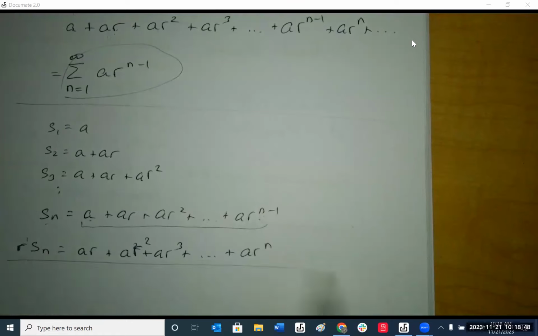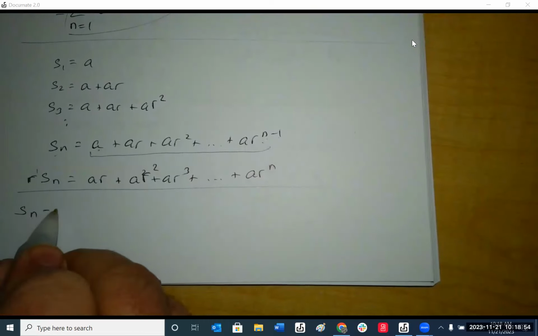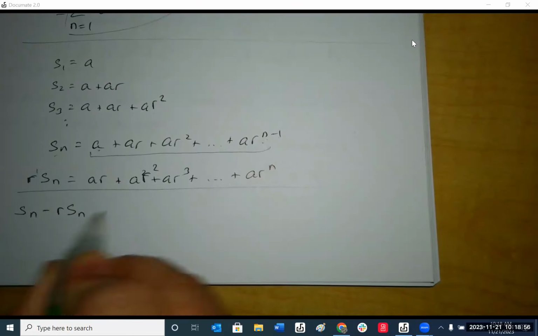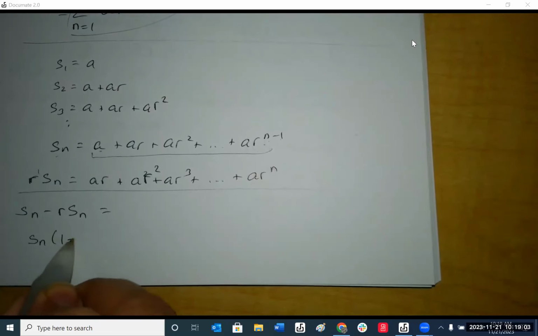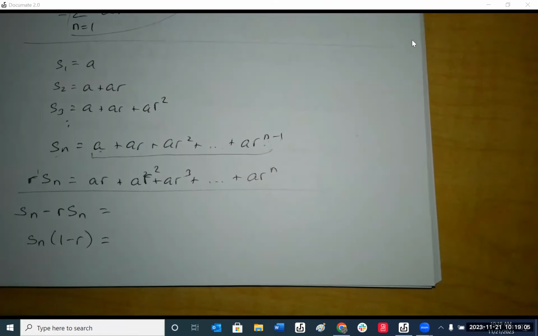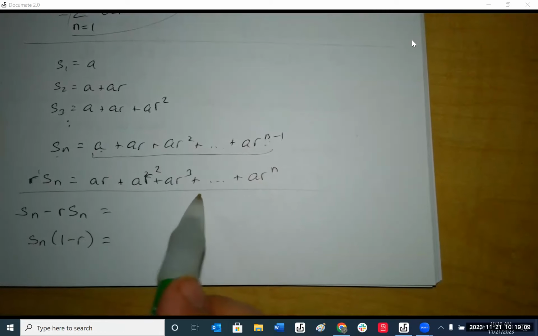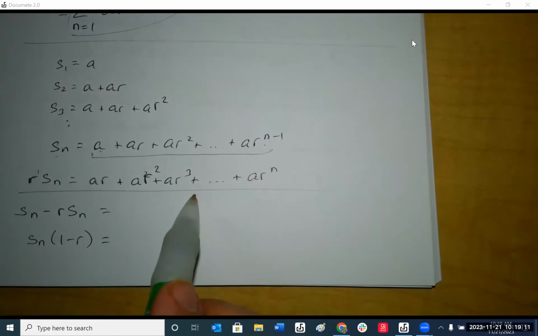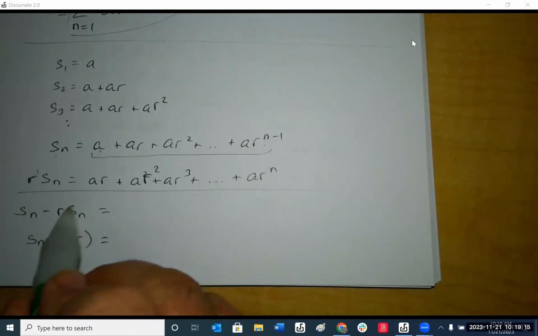So now, let's find the difference between these two. So we have Sn minus R of Sn, which is equal to Sn, we factor it out, (1 minus R). If we subtract this minus this, what we're going to get is, okay, we have the first term, because nothing cancels with it.